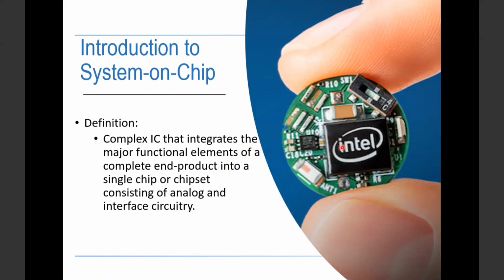All of the parts in one system have already been embedded inside this chip, for example a smartphone or wearable computers. So all of the parts needed for your wearable computer have been embedded inside this tiny chip.